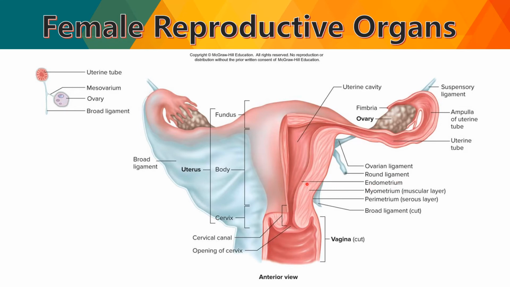You have endometrium, of course, the one that's in the inner part. You have the myometrium or the muscular layer, and then the perimetrium, which is the serous layer. And then you also have here your broad ligament. And then this part is your vagina. It shows you here the cervical canal and then the opening of the cervix.